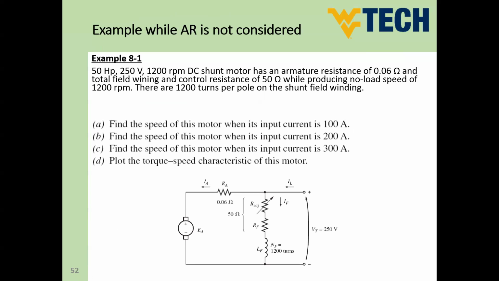Let's start, guys, solving this question, where the armature reaction is not considered. So we mentioned that we will consider the calculations with no armature reaction. In this example, we have a 50 horsepower, 250 volt, 1200 RPM DC shunt motor.